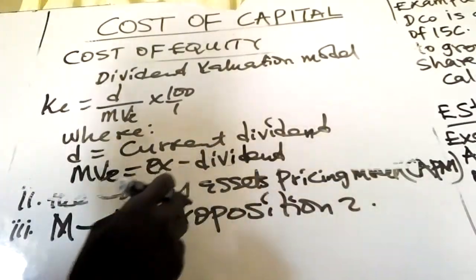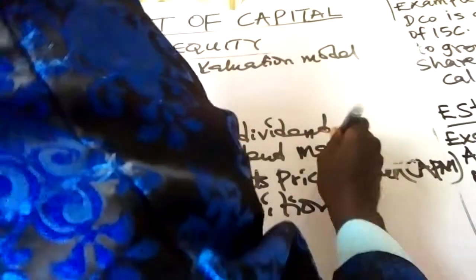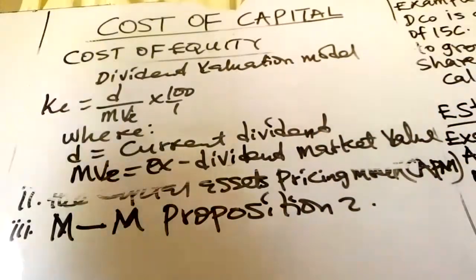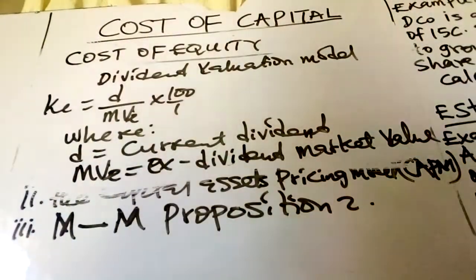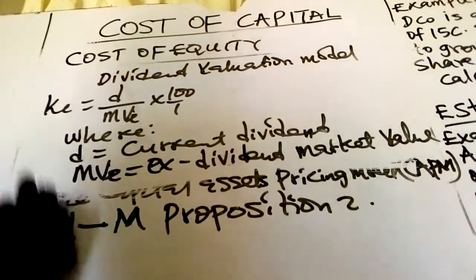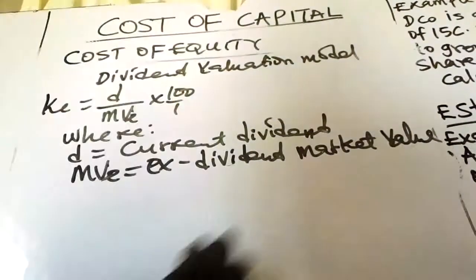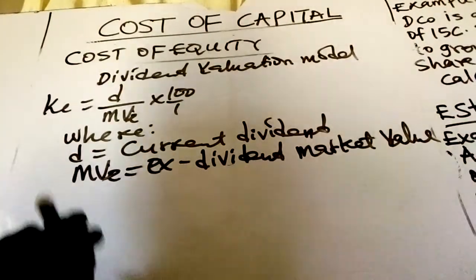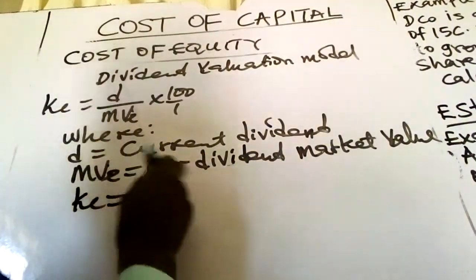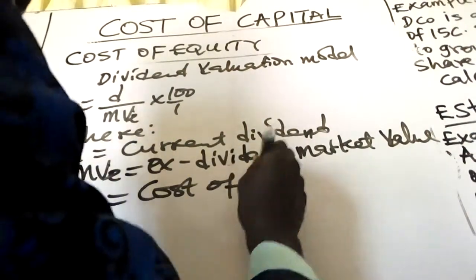You can abbreviate it as ex div market value. KE stands for the cost of equity.